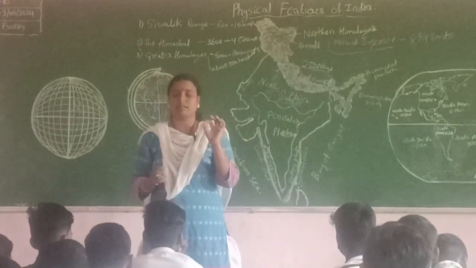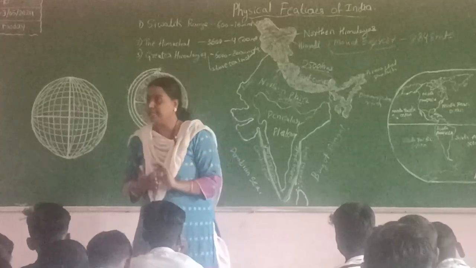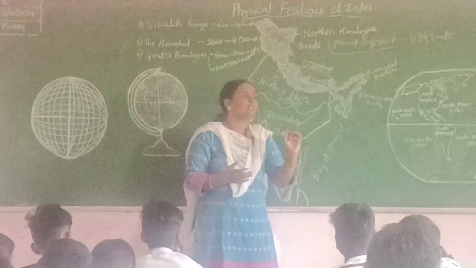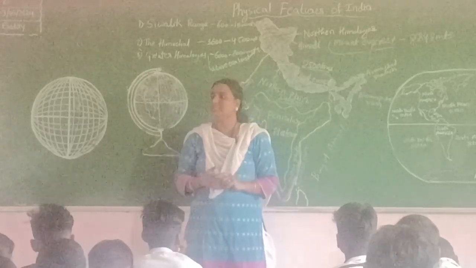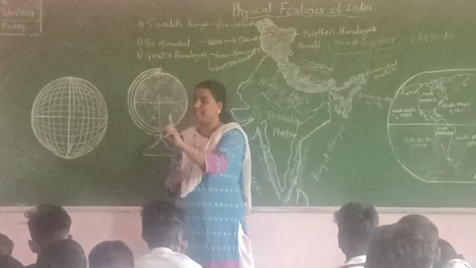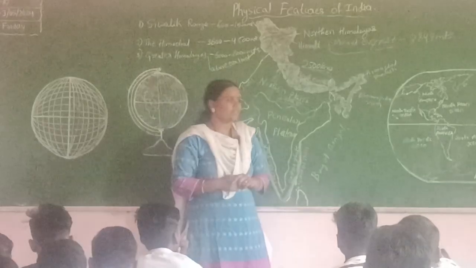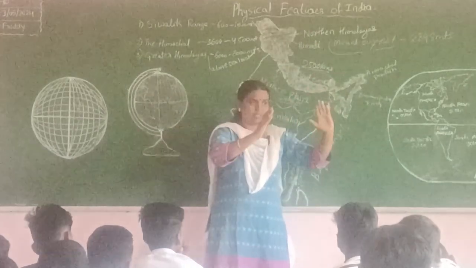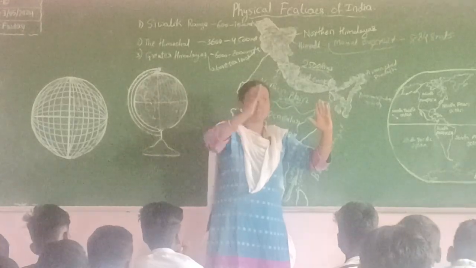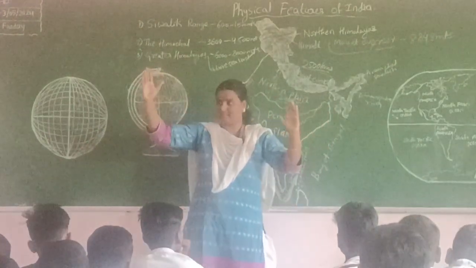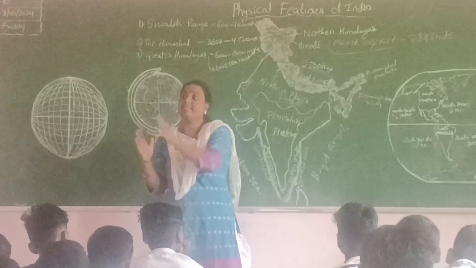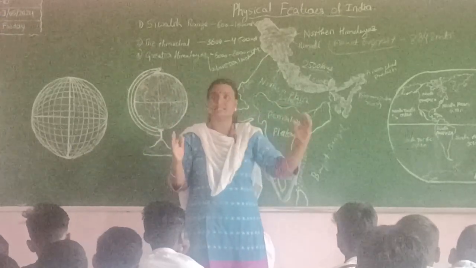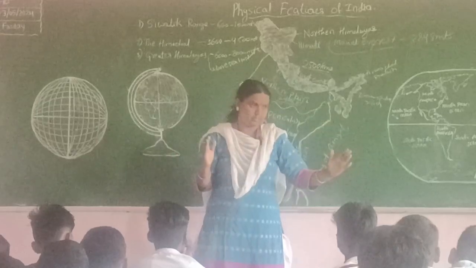Its height is about 8,611 meters. Is that clear? So the highest peak in the world is Mount Everest, about 8,848 meters, and the highest peak in India is K2, 8,611 meters.